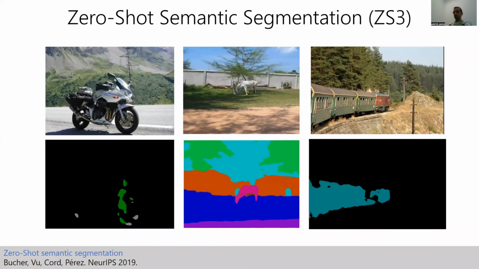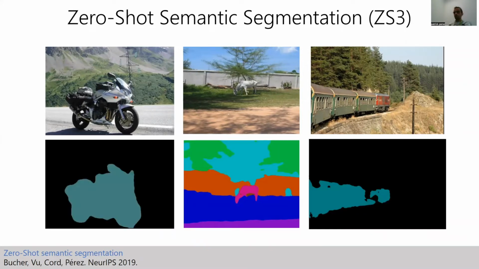These are 3 examples where you see that the model is able to segment the motorbike without any motorbike example. Then the same here, going from a wrong horse labeling of the cow into a correct one to some extent.